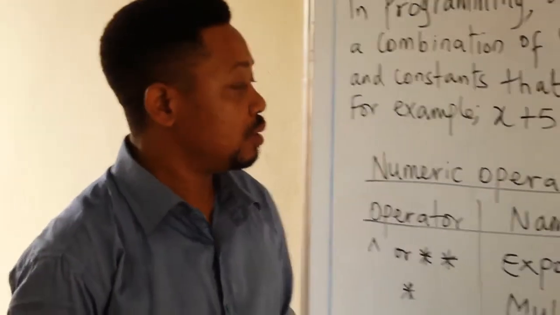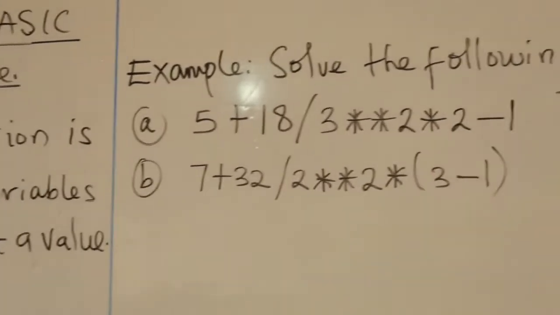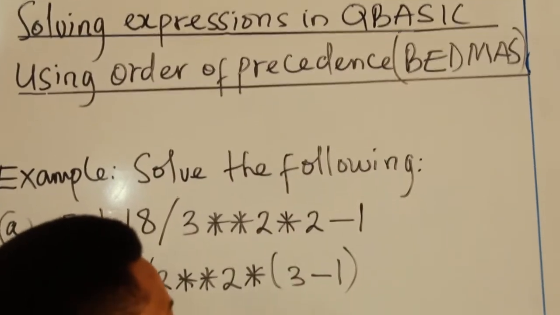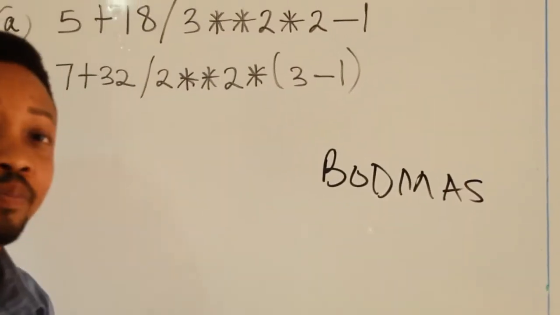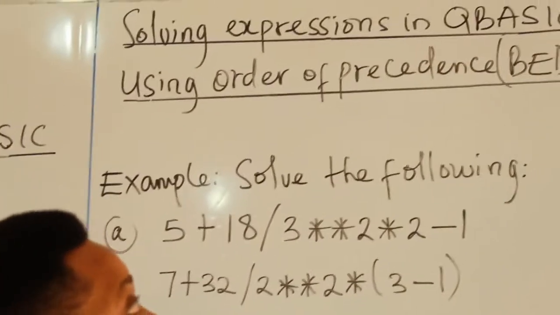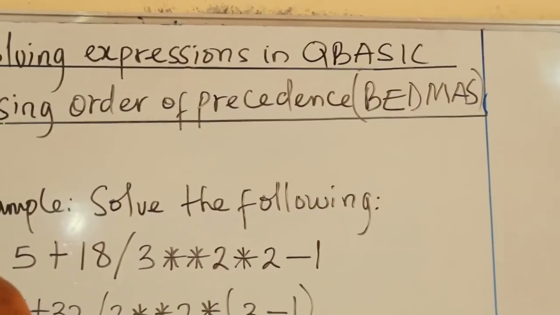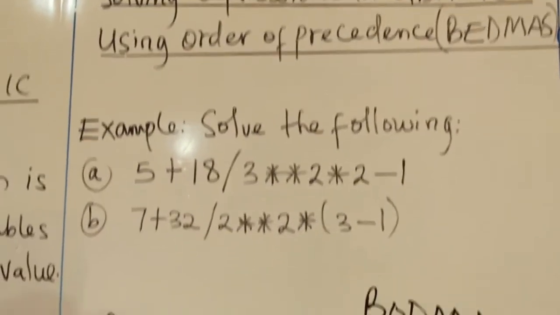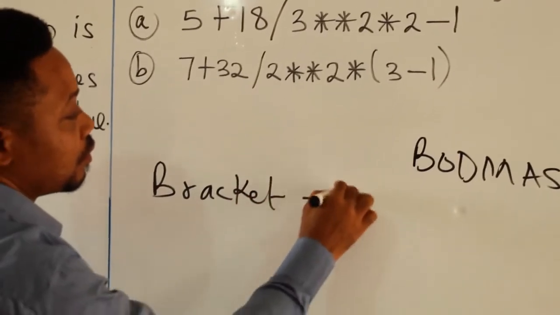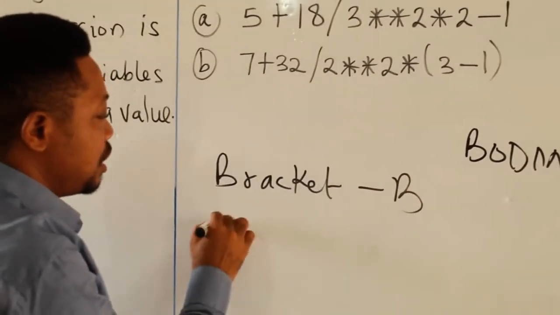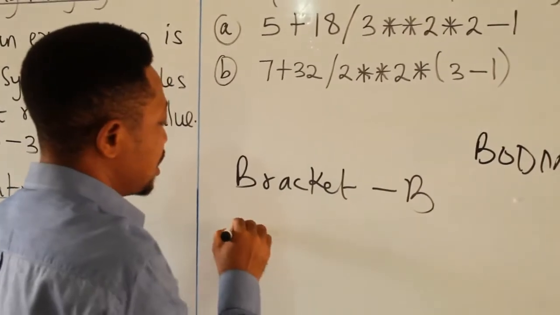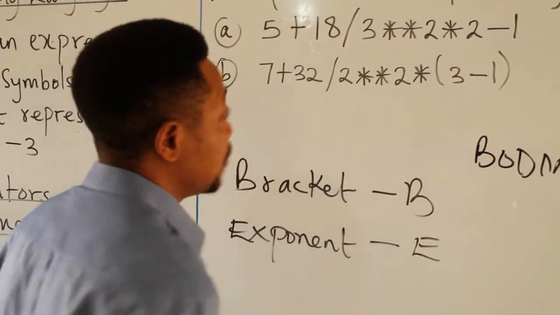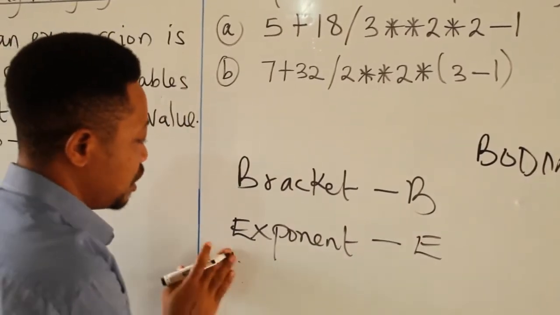Alright, so in mathematics, there's what we call BODMAS. But in basic programming, we have BEDMAS instead. The B stands for brackets. The E stands for exponents. The D is for division.